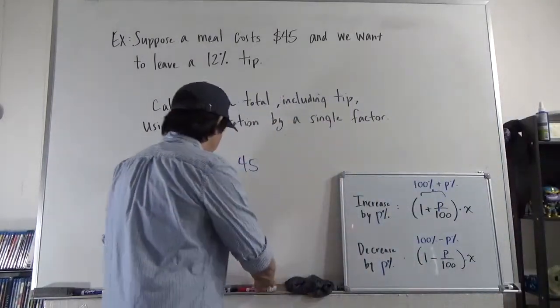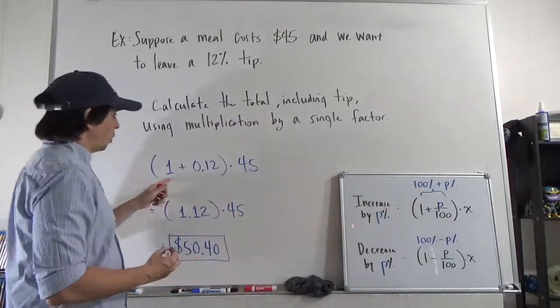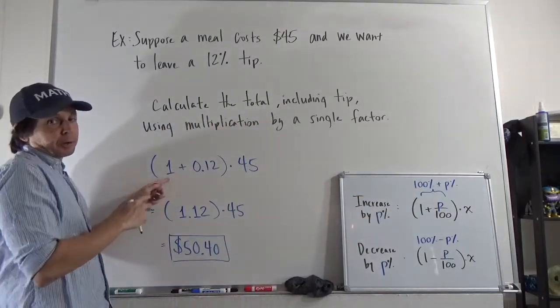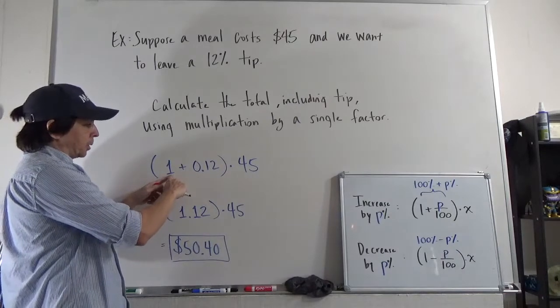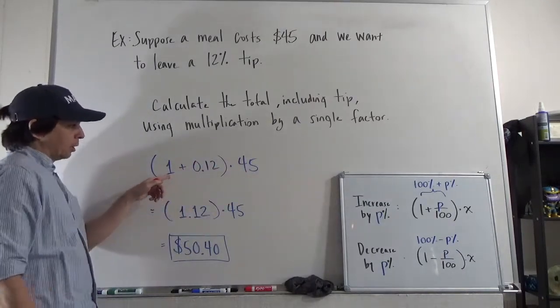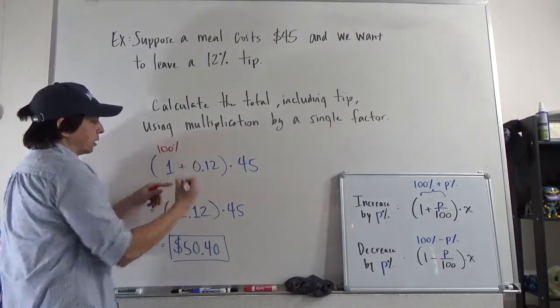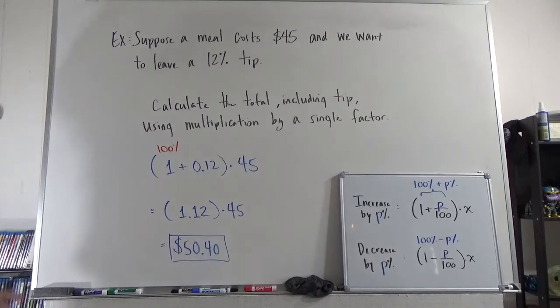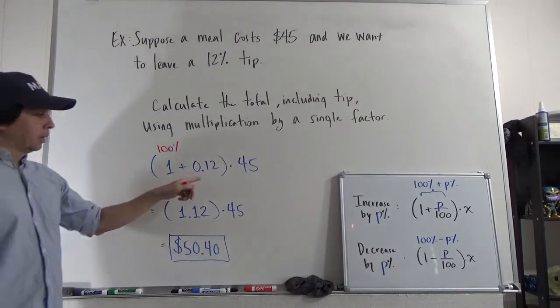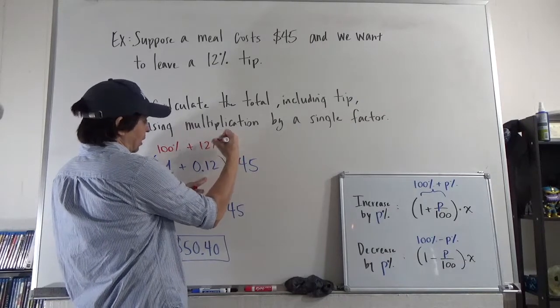Okay, and what this is doing, like mentioned up here, the 1, if you do this distributive property, which we're not doing, if you did distributing, the 1 times 45 gets added to the 0.12 times 45. So the 1 times 45 is just 45. That represents the 100% of the bill, the meal that you have to pay for. This 0.12 is 12% extra that you're going to leave as your tip.